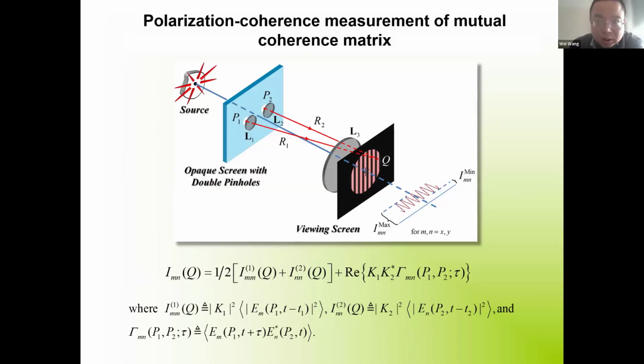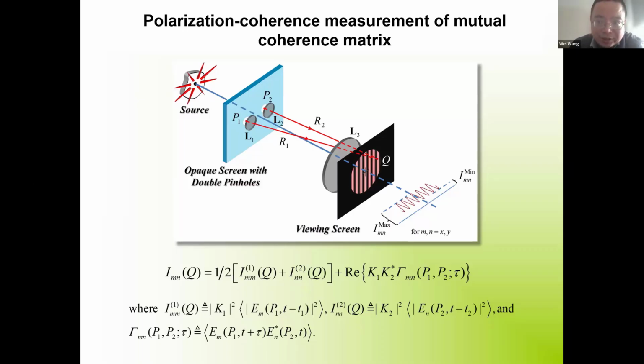We have the source, and after the source we have the opaque screen with the double pinholes, and we also have the detection screen plane. Here we have placed several linear polarizers after the pinholes and also before the viewing screen.